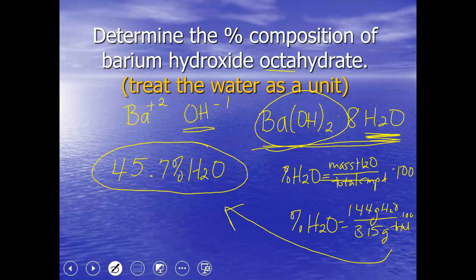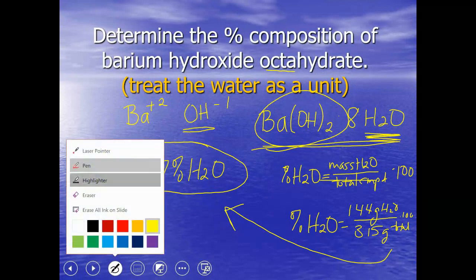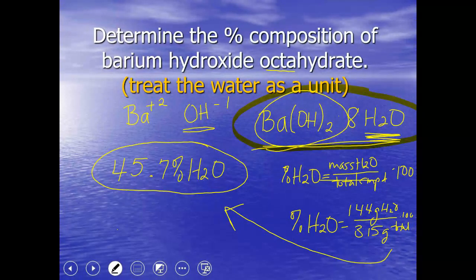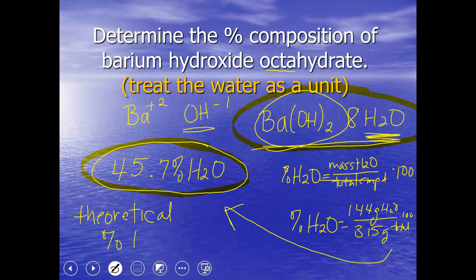And when you use a formula to calculate this, we call that the theoretical percentage of water in this hydrate, okay?